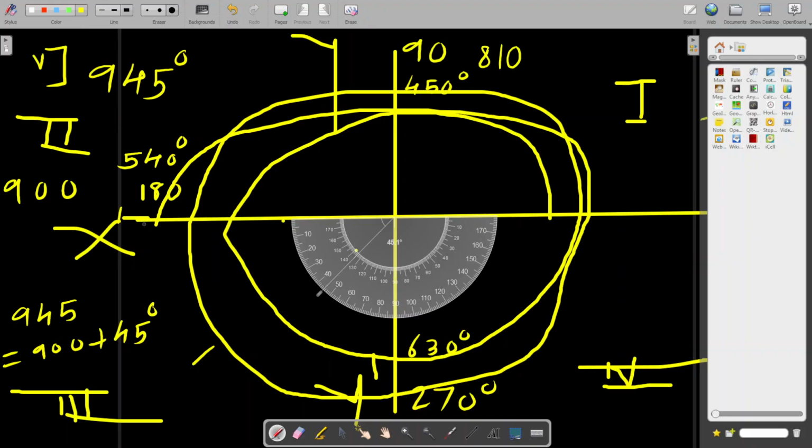So our answer is coming here, 900 plus 45. It comes here in third quadrant. So what I can write here, 945, the angle terminates in third quadrant.